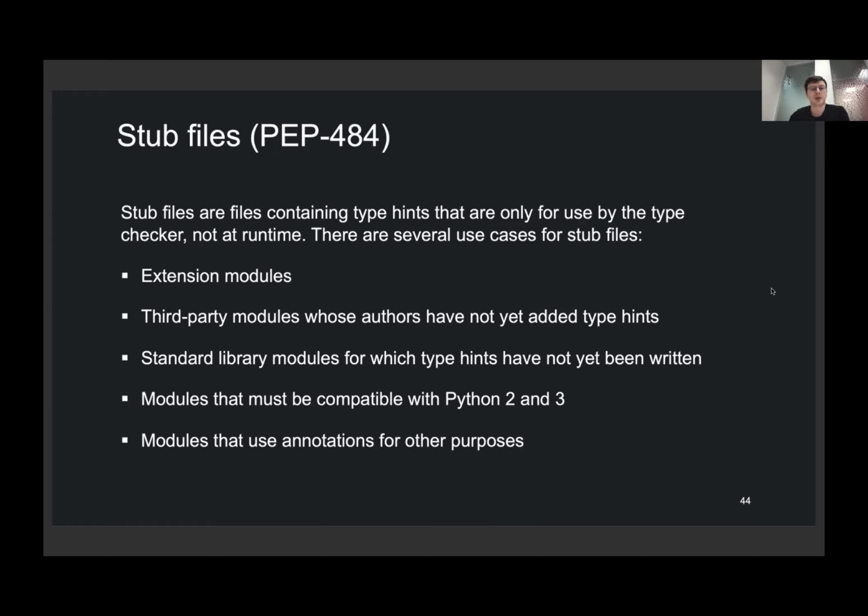So if you're writing an extension module, like writing the implementation in C, or if you want the benefit of type hinting in a module where authors did not yet add type hinting, or if you are using annotations for some other purpose in your code than just type hinting, you could add the type hinting information in a separate stub file and use this.